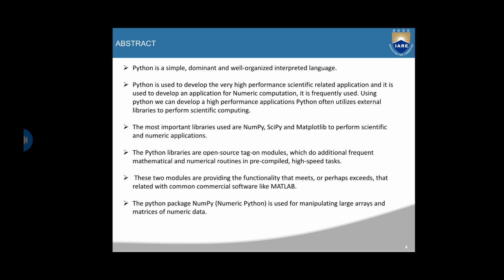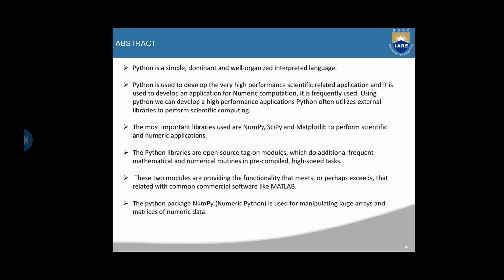Python often utilizes external libraries to perform scientific computing. The most important libraries used are NumPy, SciPy, and Matplotlib to perform scientific and numeric applications. These Python libraries are open source add-on modules, which do additional frequent mathematical and numerical routines in precompiled high-speed tasks.